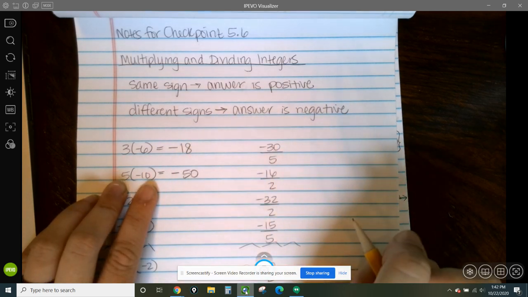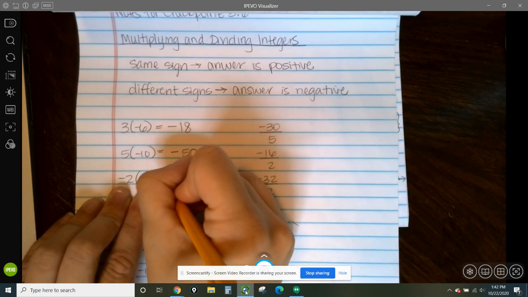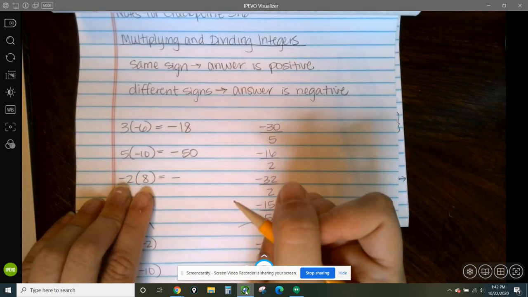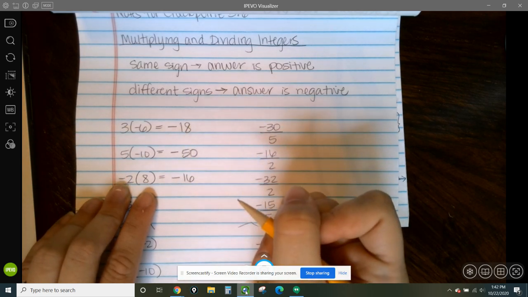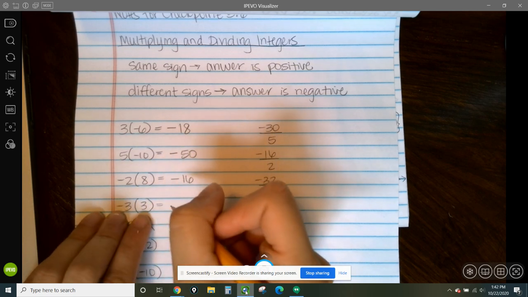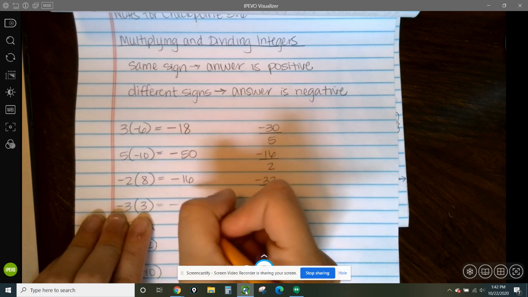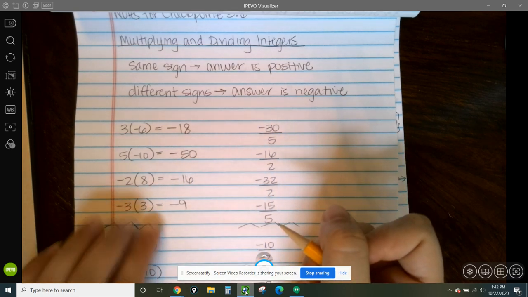So my answer is negative 50. Negative 2 times 8. The signs are different, so my answer is negative. 2 times 8 is 16, so my answer is negative 16. Negative 3 times 3, the signs are different, so my answer is going to be negative. 3 times 3 is 9, so my answer is negative 9.